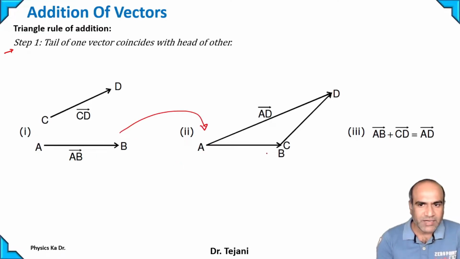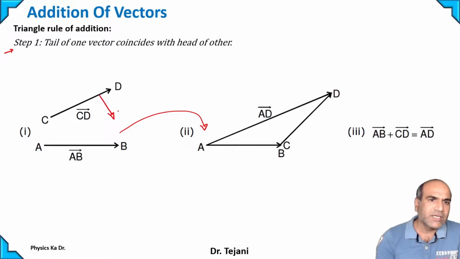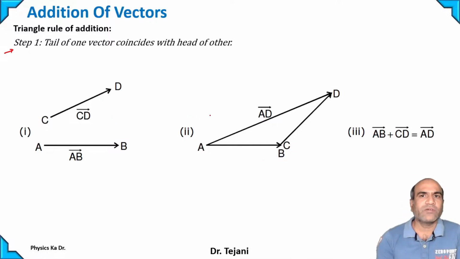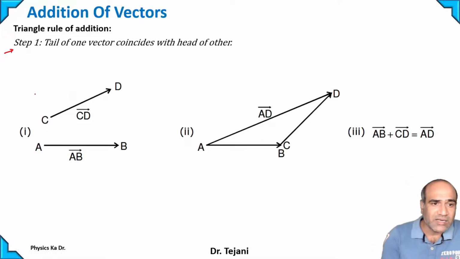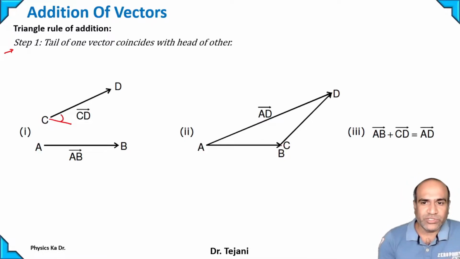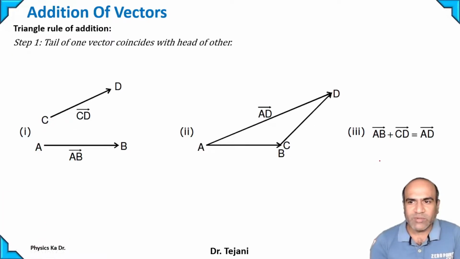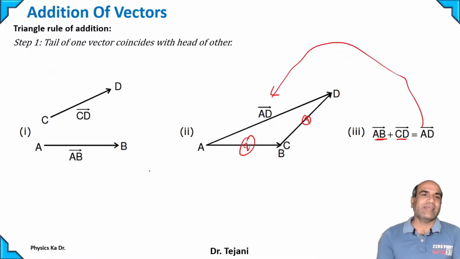Say AB is mentioned here and you move the CD vector such that the tail of the next vector is on the head of the first vector, and the angle of CD should not change; it remains the same, theta. You cannot change the angle. So ultimately, this vector AB plus this vector CD is equal to the resultant.